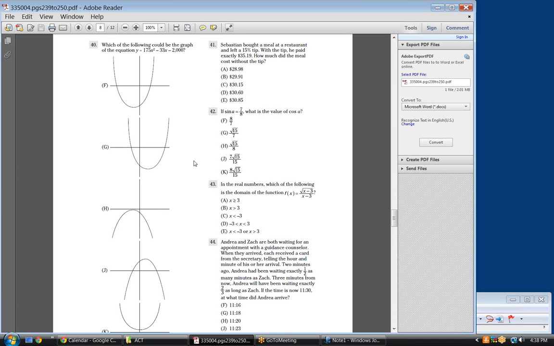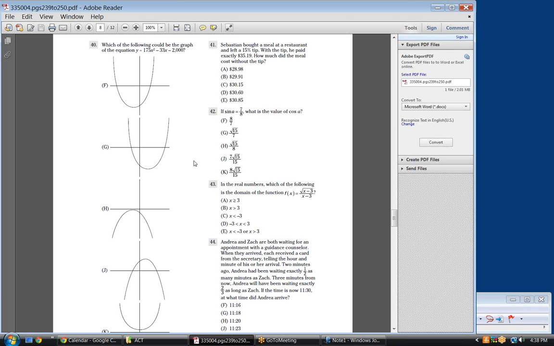Yeah. Now, let's see. What does the y-intercept have to be? Well, I'm trying to remember. I forgot if it's B or C. In other words, remember this: the y-intercept always happens when x is 0.